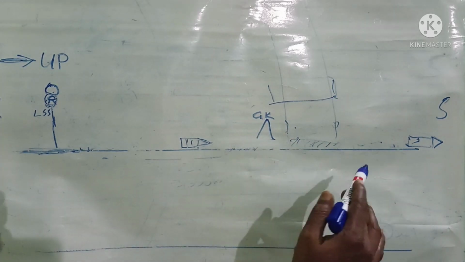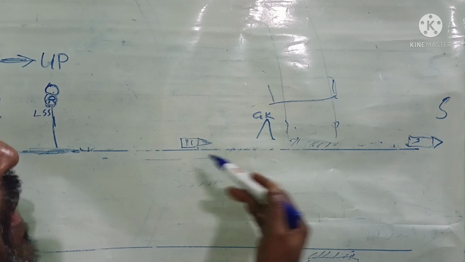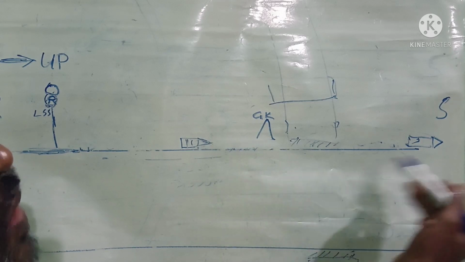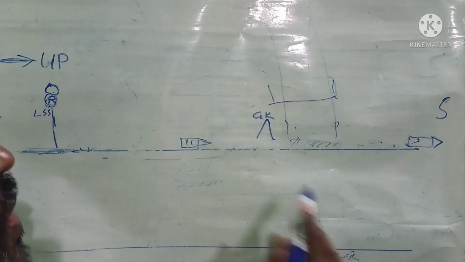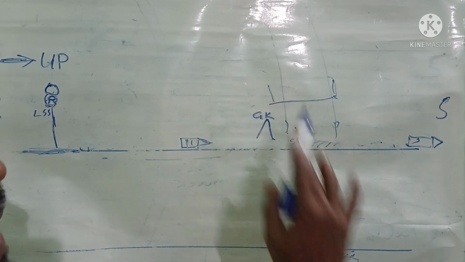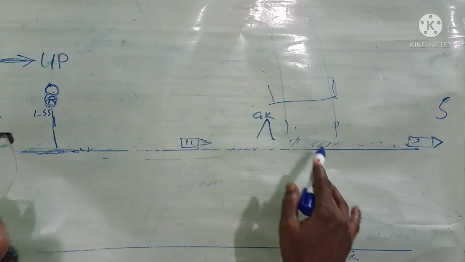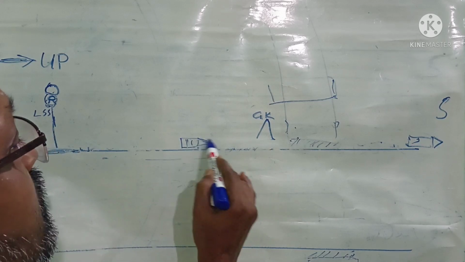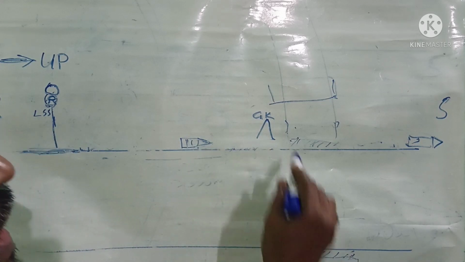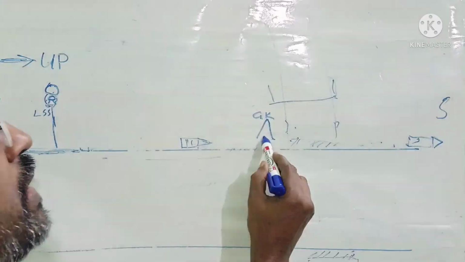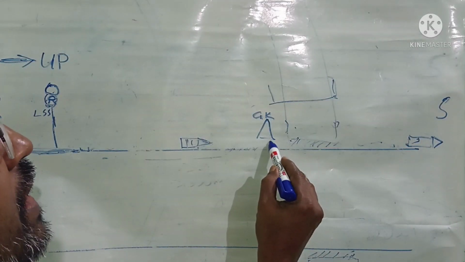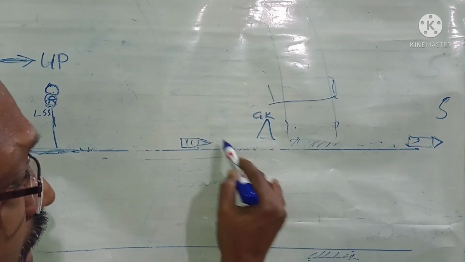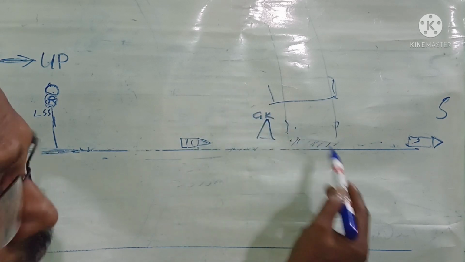Now let us see what the GK will do when a train normally runs through the gate. There is no problem, the gate is closed. Now the GK is expecting the train from this direction. Let us see, the train is coming from the up direction. In that case, in the normal position, the GK will stand at the LC gate after closing the gate, and if a signal is there, the signal will be given.